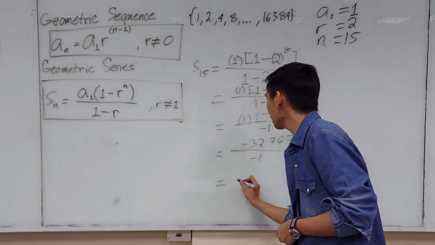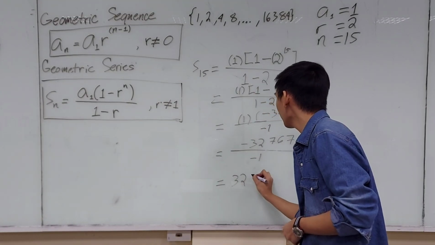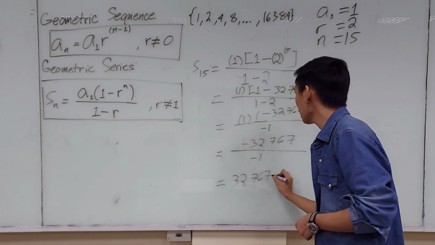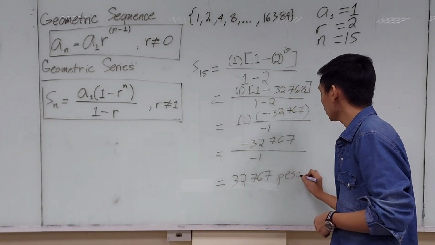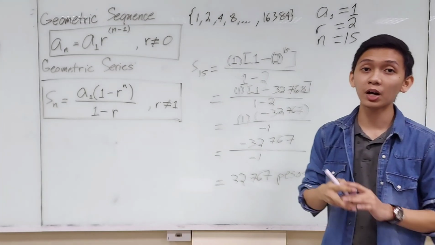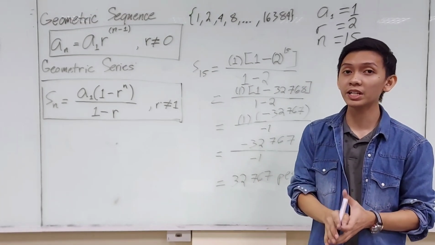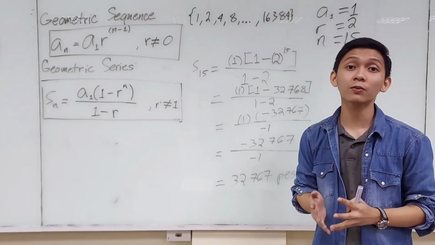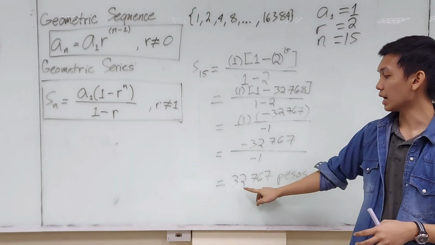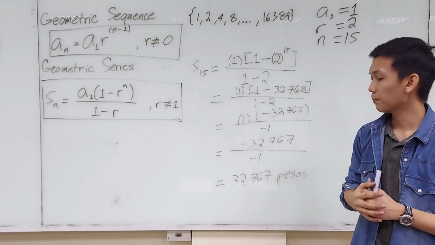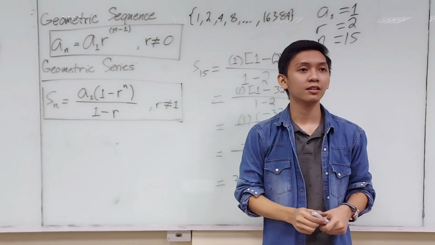We'll get positive 32,767 pesos. That means the total amount of extra bonus Barbie received for 15 years of working is 32,767 pesos. Alright? That's all for today.